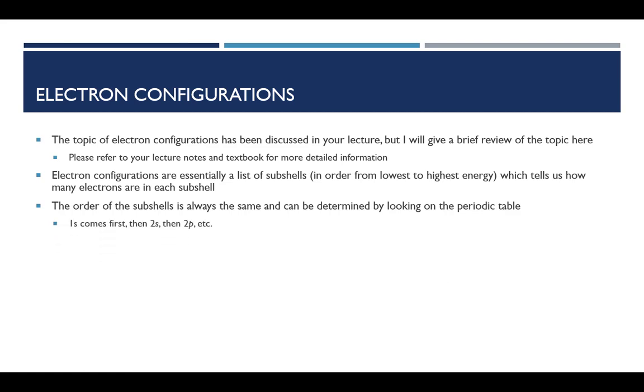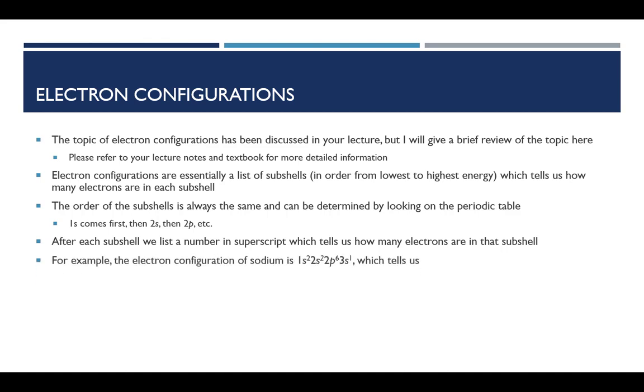So we will always fill the 1s subshell first, then we fill the 2s subshell, then the 2p subshell, etc. And then after each subshell, we list a superscript, a number kind of like an exponent, that tells us how many electrons are in that particular subshell.